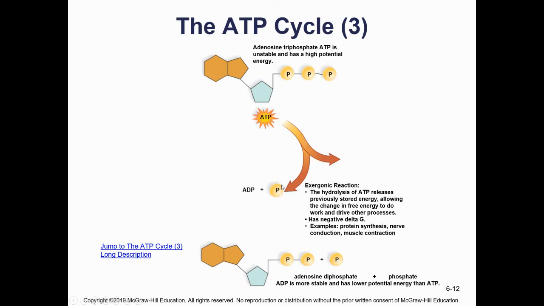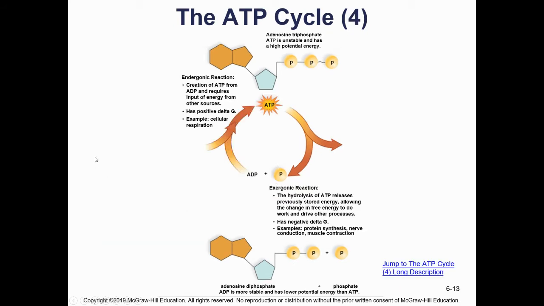Now I have these two molecules. What I do is in cell respiration, I break down my glucose, and when I break carbon-hydrogen bonds in my glucose, it releases energy that I use to put that phosphate back on to my ADP, resulting in ATP again.